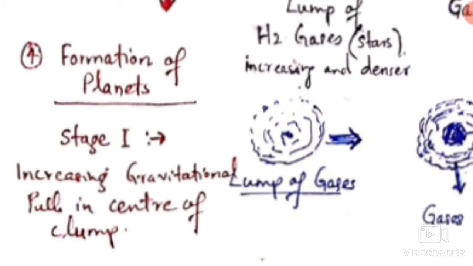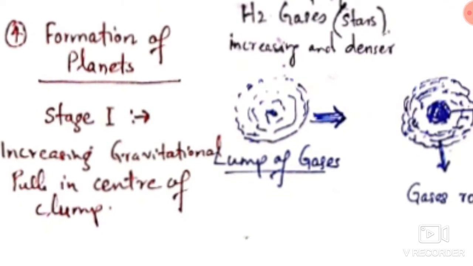In the first stage, you can see there is a lump of gases, and at the center of these gases there is a big dot which represents the formation of core. Core is formed through gravitational pull.